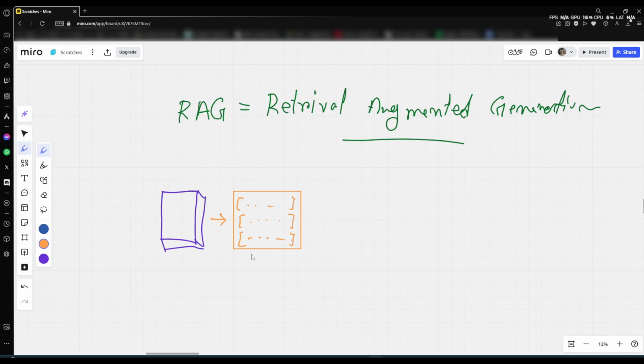My work is done here, like the turning into vector. For doing this, there are multiple techniques.